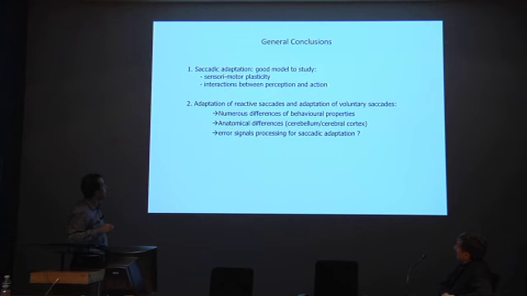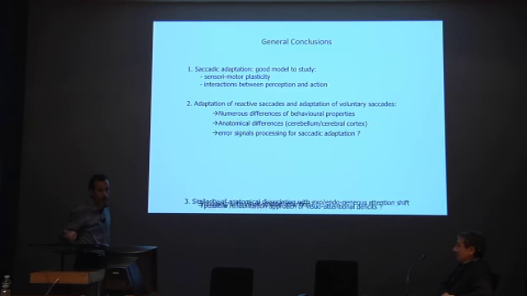They also are supported by different neural substrates at the level of the cerebellum and also at the level of the cerebral cortex. And one question for future studies, which has been neglected so far, is how error signals are processed for saccadic adaptation. What are the mechanisms which are treating visual feedback in order to induce saccadic adaptation?